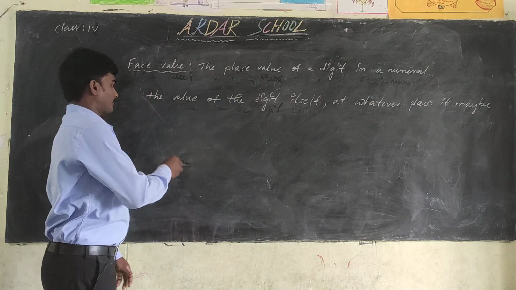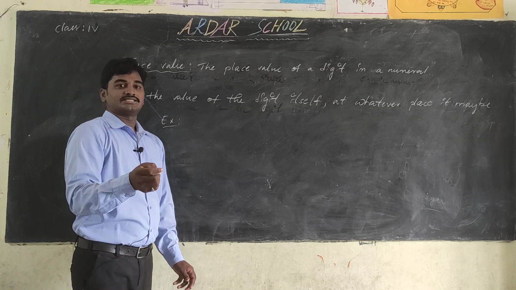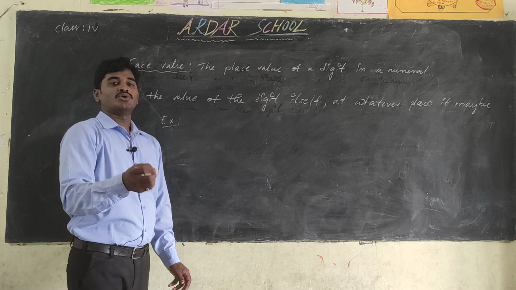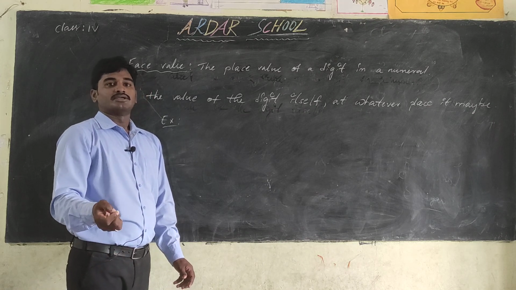For example, if 5 is in thousands place, the face value of the 5 is 5.